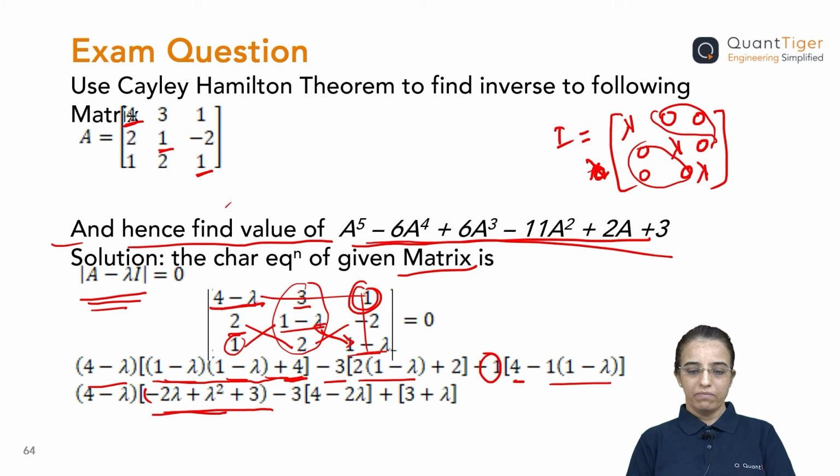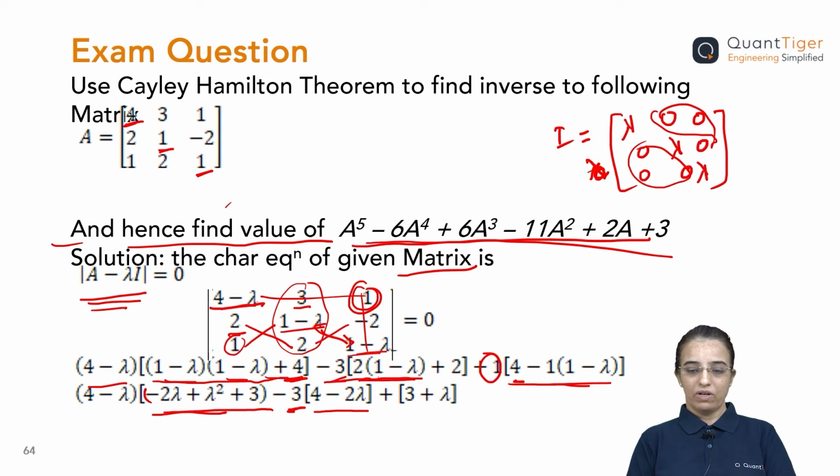Then this is again I will be multiplying over here, -3 यहाँ पे ऐसे ही आ जाएगा, with 2 I will be multiplying, 2 ones are 2, then -2 lambda, and ये जो 3 है that will be as it is. We will just simply simplify these brackets, nothing else.